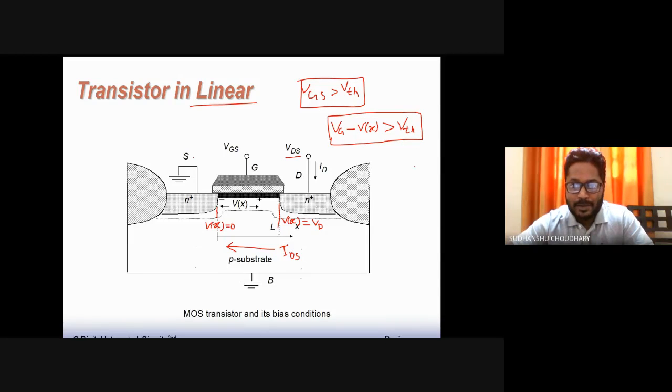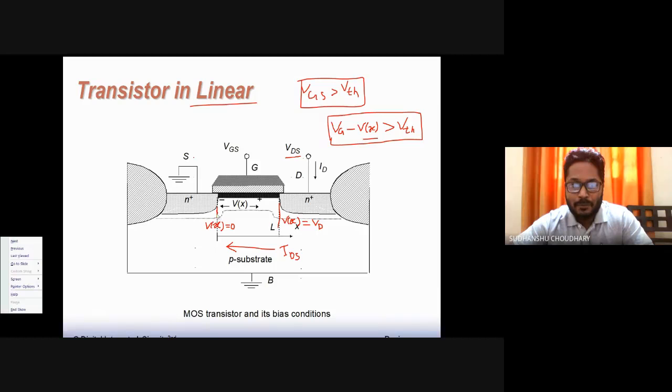Now since this Vx is varying, that is, it is increasing as you move from source to drain, this condition Vg minus Vx also changes as you move from source to drain. For example, when Vx is 0 at this point, Vg is then greater than Vt.